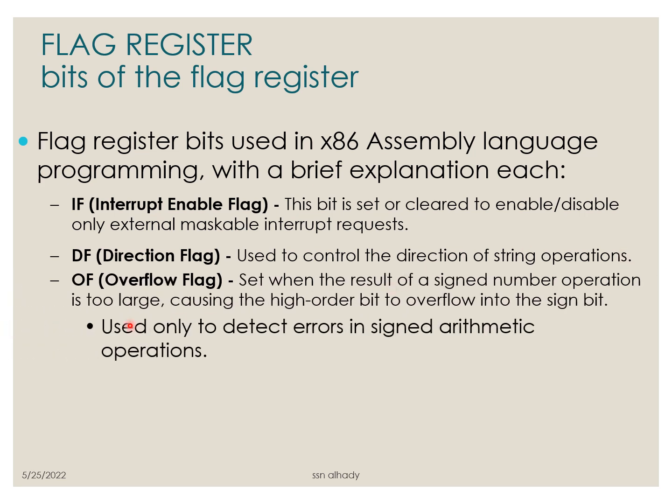And then we have the overflow flag, set when the result of a signed number operation is too large, causing the higher order bit to overflow into the sign bit. It is used only to detect errors in signed arithmetic operations.